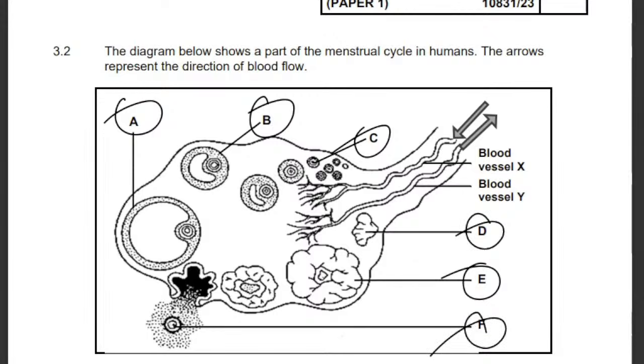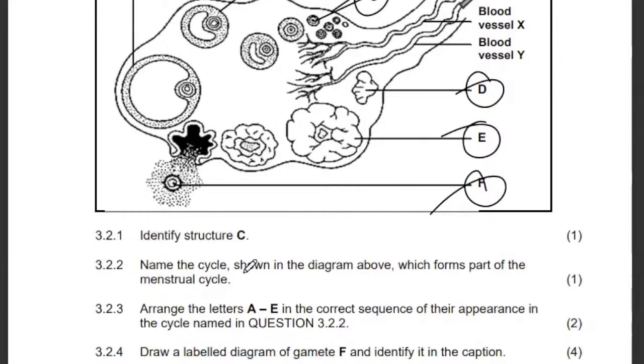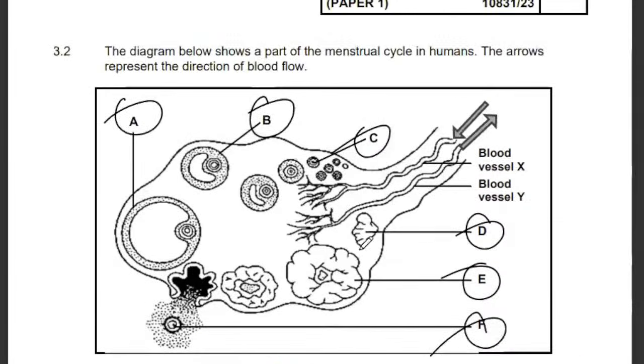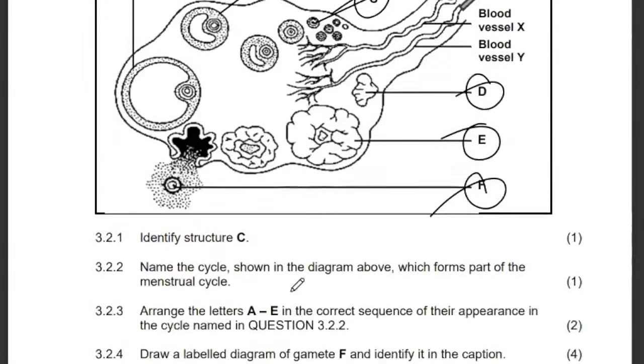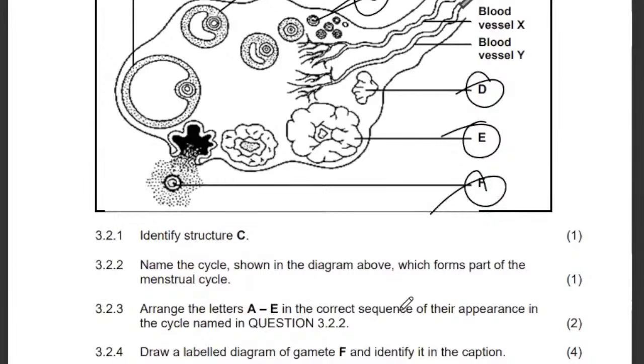So you're asked to identify structure C. C is immature Graafian follicle. Name the cycle shown in the diagram above. This is the ovarian cycle because this is an ovary. Arrange letters A to E in correct sequence of appearance in the cycle.